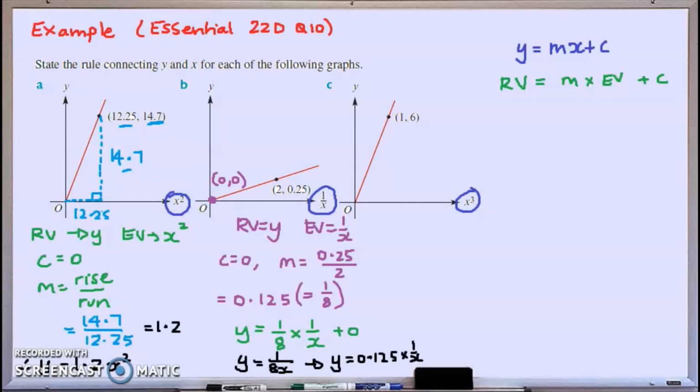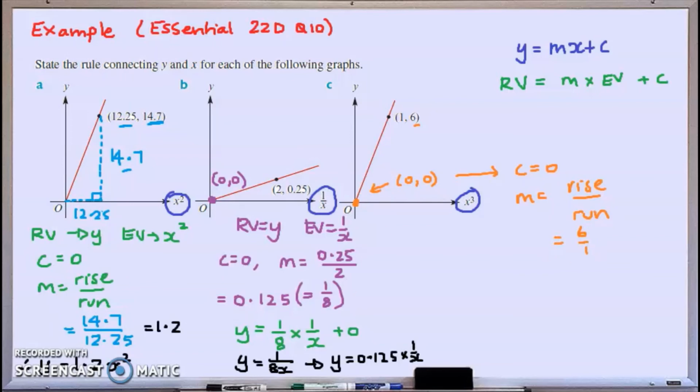For the last question, we're going to do exactly the same thing. We can see again, I have a line that goes through the origin, which means it goes through 0, 0. So therefore, my y-intercept equals 0, and my gradient is the rise from 0 to 6, and the run from 0 to 1, which means my gradient is 6 over 1, which equals 6.